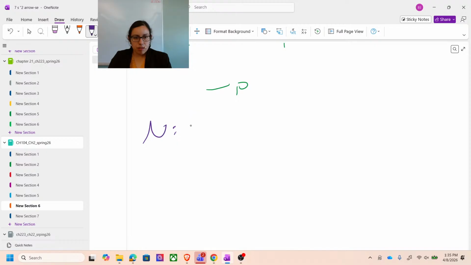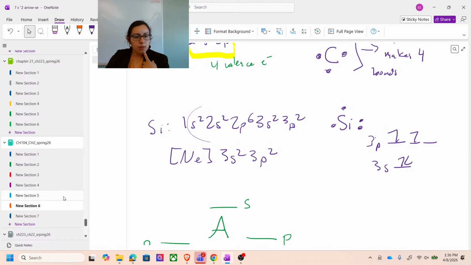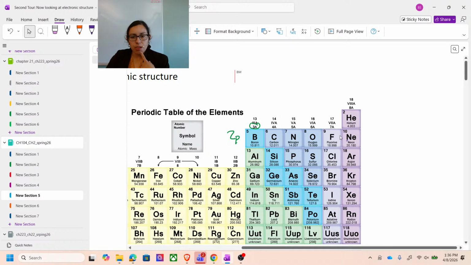And so let's just start. We'll see if you can do that for a second. So try nitrogen on your own for a minute or two. Oh, that was just, right, because we have to fill along the row.